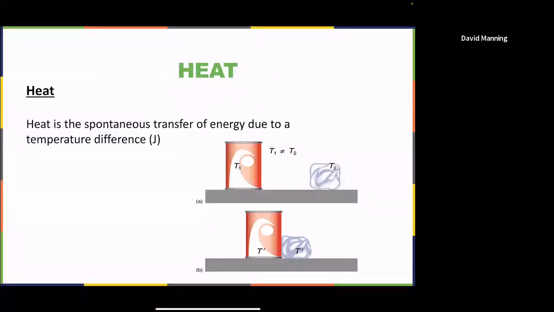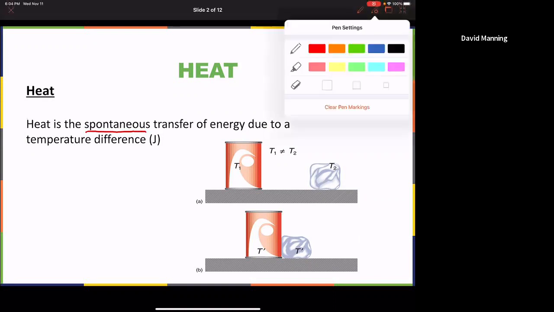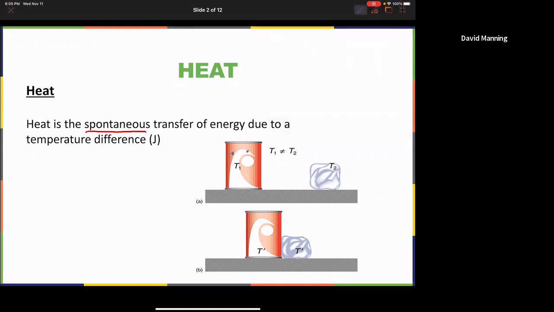So the definition of heat is the spontaneous transfer of energy. And we talked about this last time with the molecules inside this soda. There are a bunch of molecules in there, and they're all moving around at different velocities. Same thing over here. Now, which one is moving slower, the ice or the soft drink?